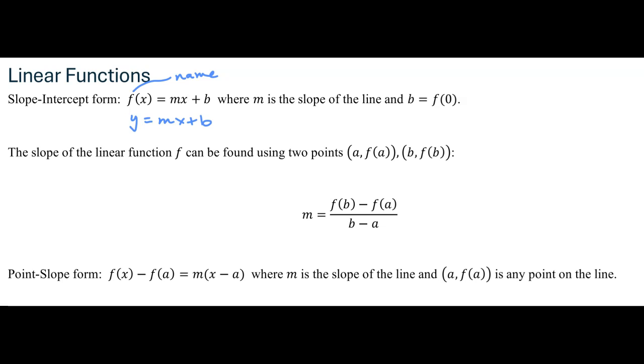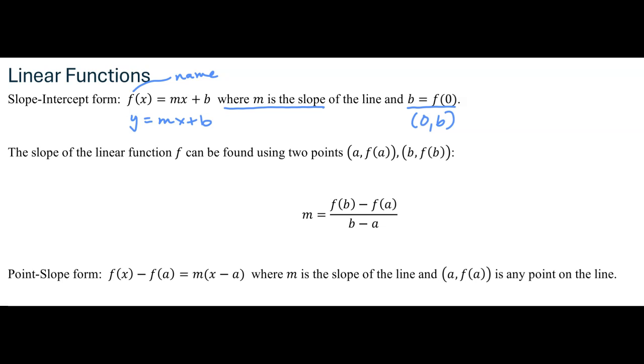So slope-intercept form is f of x equals mx plus b, where m is the slope, and instead of just saying b is the y-intercept, I can say b equals f of 0. B is what you get when you plug 0 into the function, or in other words, the function goes through the point (0, b).